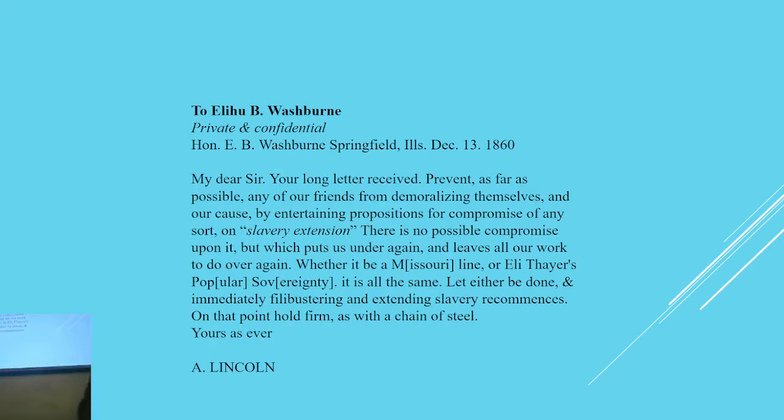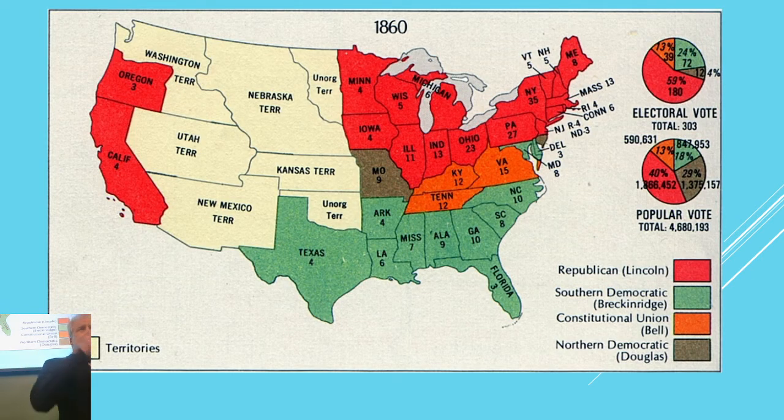But in 1860, Abraham Lincoln wins not just the popular vote, but the Electoral College vote. So he gets 40%, which is comparable to Jackson's victory. But in the Electoral College, he does much better.